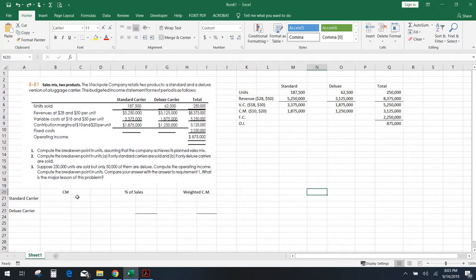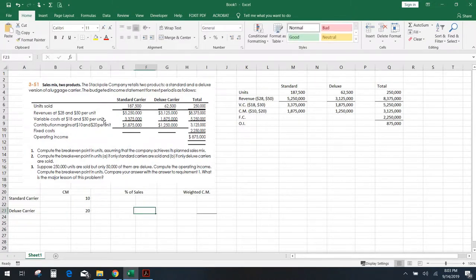So the first thing you've got to do is break down the standard and the deluxe units into their contribution margins and how much of each one is the percentage of sales. They already told us the contribution margin is 10 for the standard unit, and for the deluxe unit it's 20.